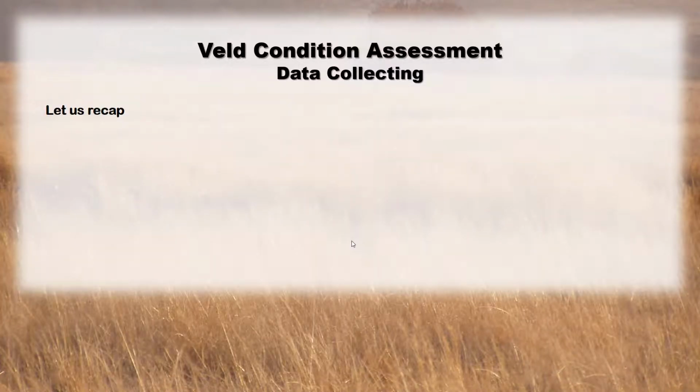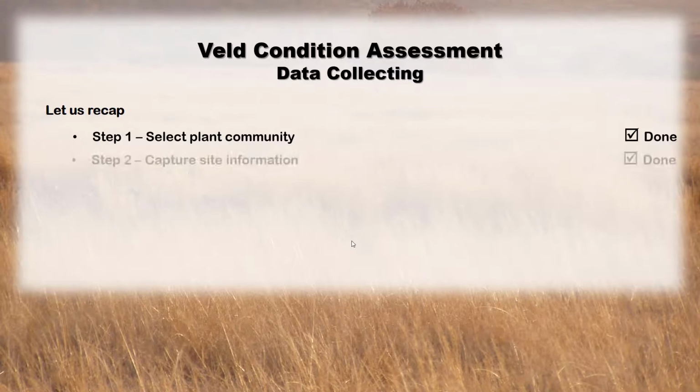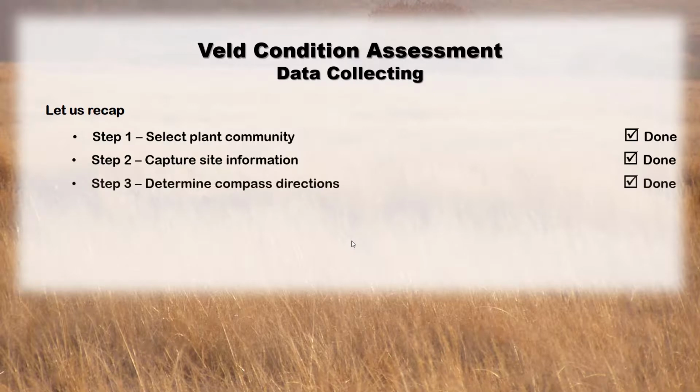So let us recap. Select your plant community, capture your basic site information, elevation, date, collector, GPS point, and your photographs. Get your directions right so that it's random, that you're not being influenced by certain factors in the plant community.